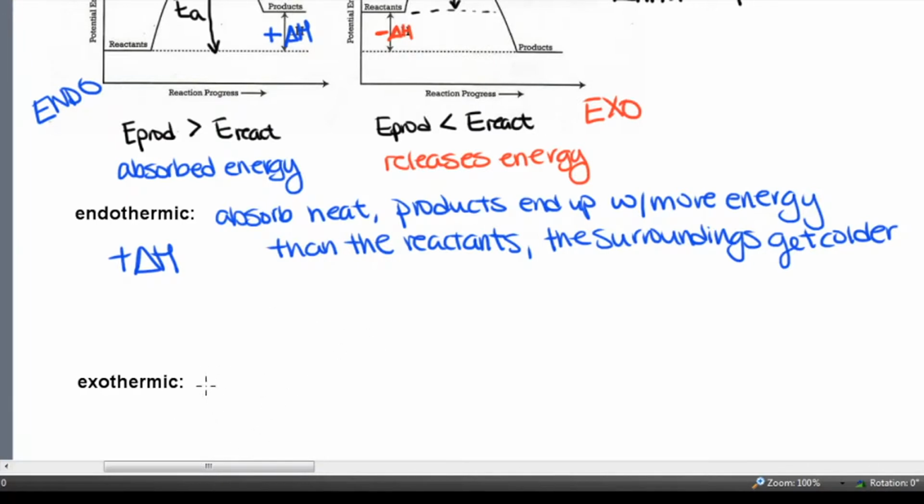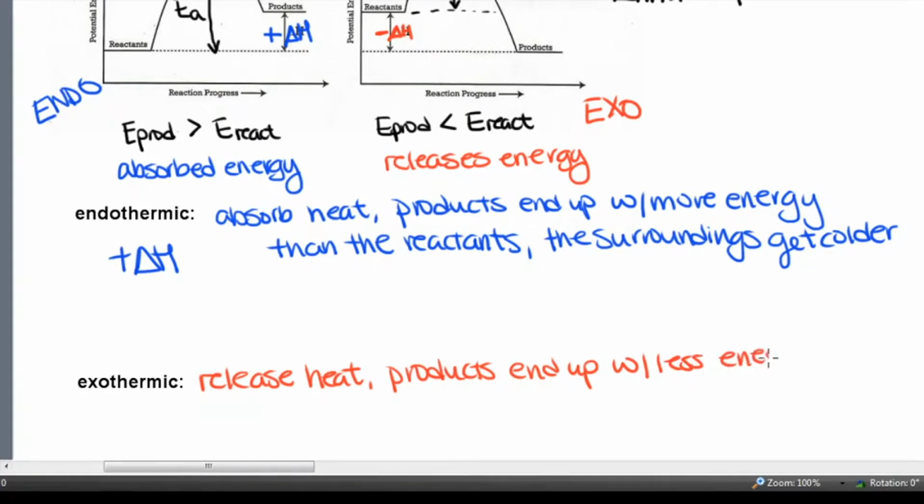Okay, so exothermic reactions release heat. Products end up with less energy than the reactants.